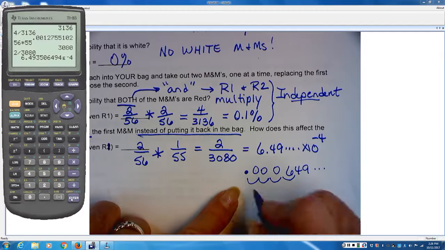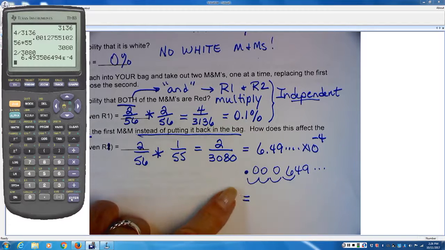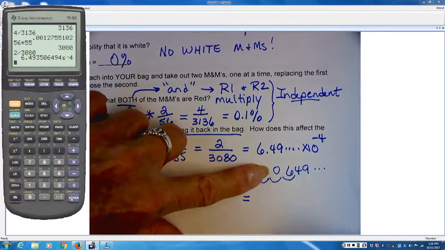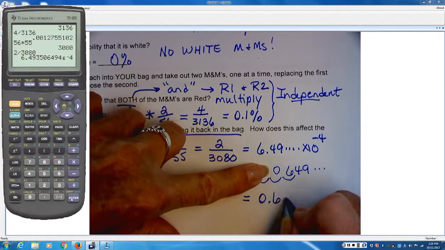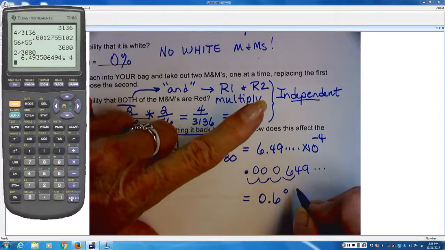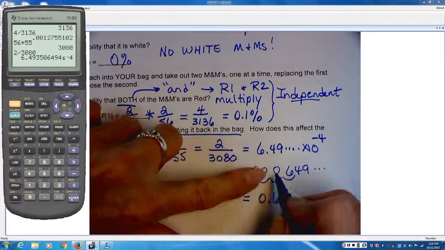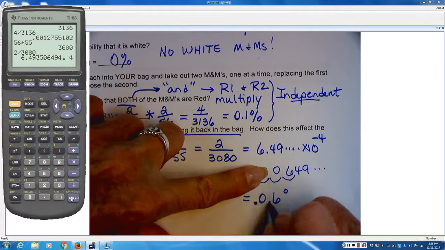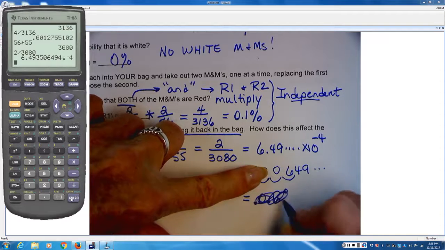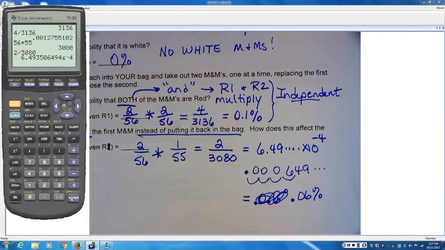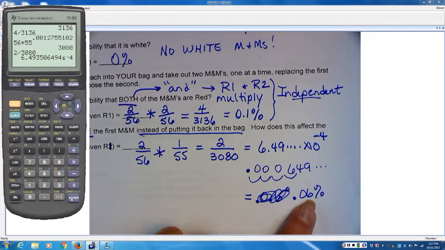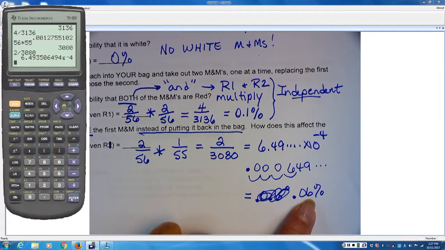And then that means that my probability, if I write that as a percent, is 0.6%. Wait, 0.06. Six hundredths of 1%. Very, very small.